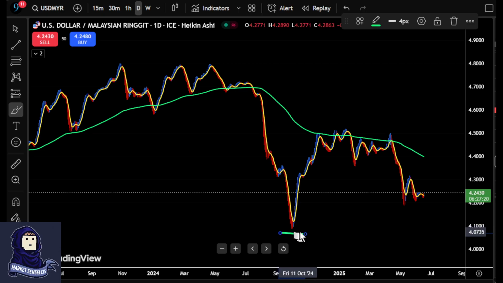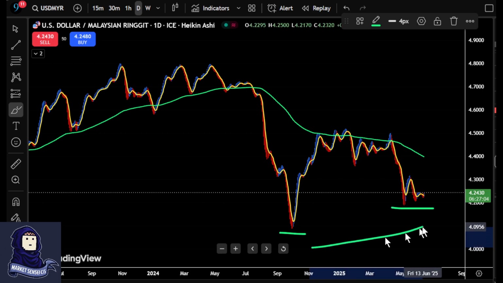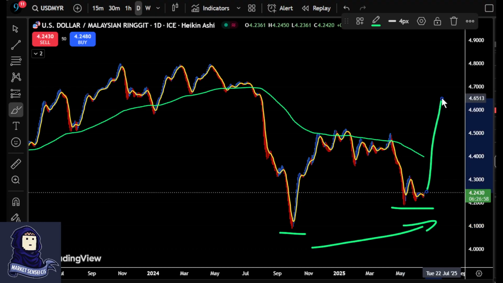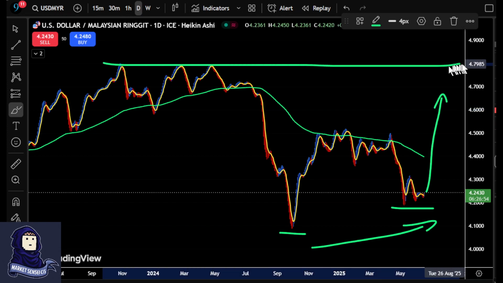It created a very low bottom, and then you can see here the second significant crash is actually higher. So it indicates that strength is coming back to the dollar. It will eventually break out to retest the previous high area.